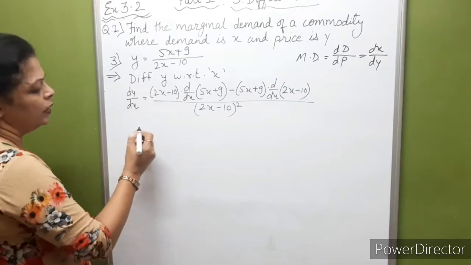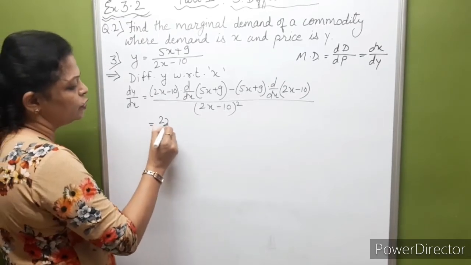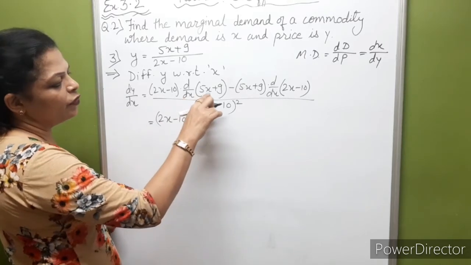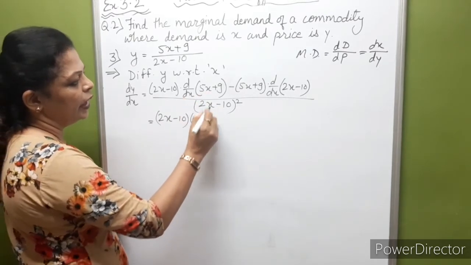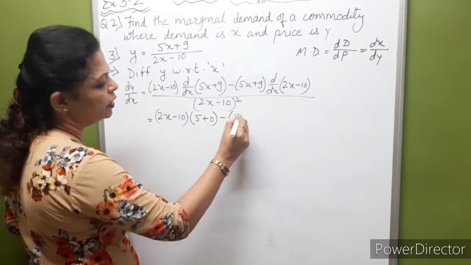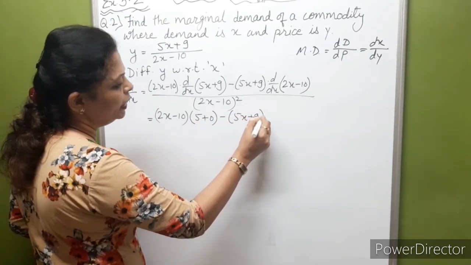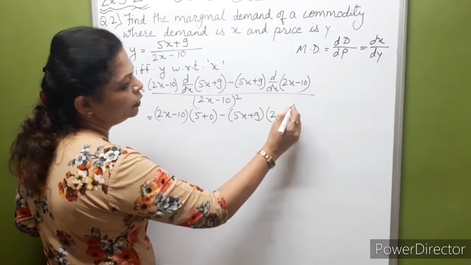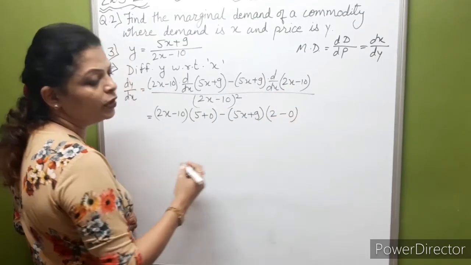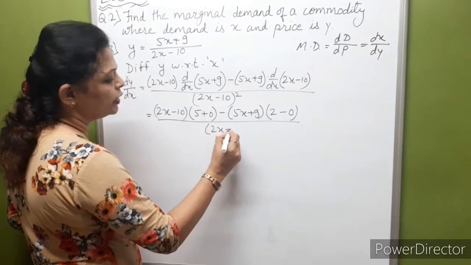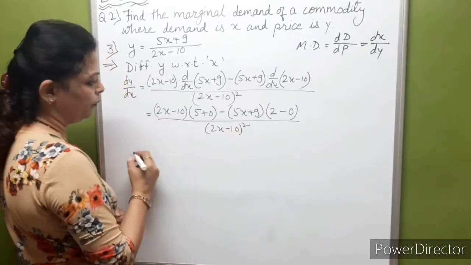Correct? So let us simplify. This 2x minus 10 into derivative of 5x will be 5 and derivative of 9 will be 0, minus 5x plus 9 into derivative of 2x will be 2, derivative of minus 10 is 0, upon 2x minus 10 square.